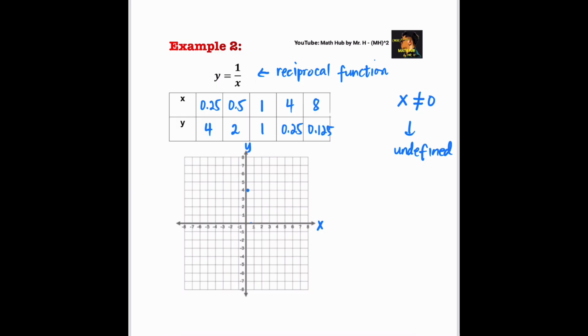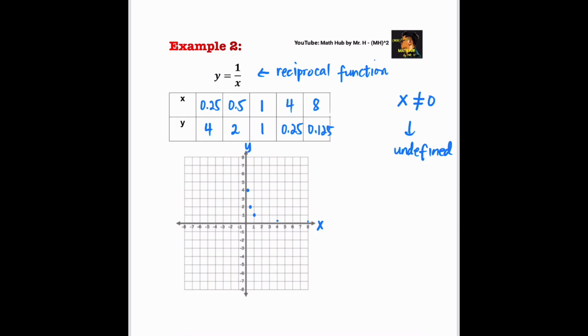Next, 0.5, which is half, and then it's 2 here. If x is 1, then y is 1 here. If x is 4, then 0.25 here. You see, it's going to get lower. If x is 8, 0.125 is very low.